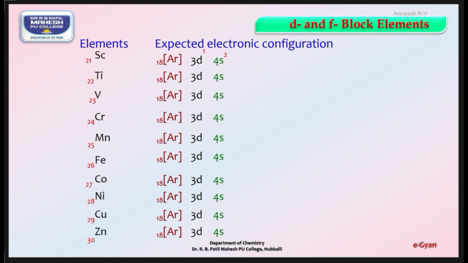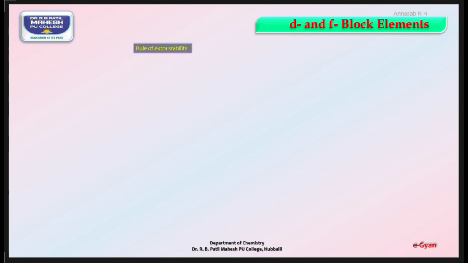So for scandium 4s2 3d1, titanium 4s2 3d2, vanadium 4s2 3d3, chromium 4s2 3d4 expected. Similarly, the electron is added into the d orbital and the s orbital electronic configuration remains the same. This is the expected electronic configuration.